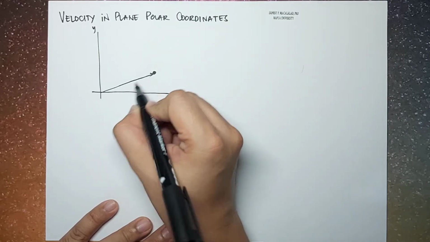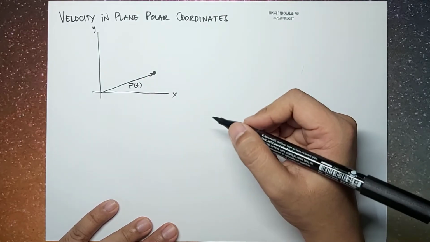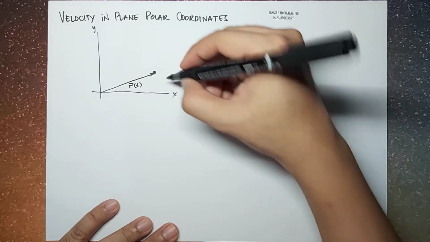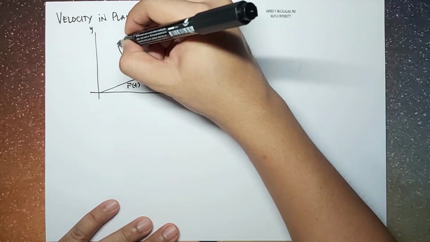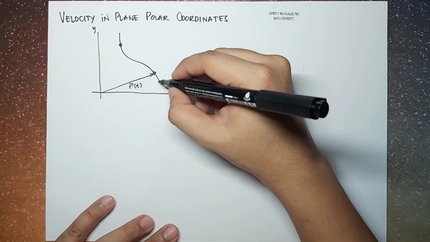will have a position vector given by r at time equal to t. And then let's say this particle moves like this, which is part of this path.